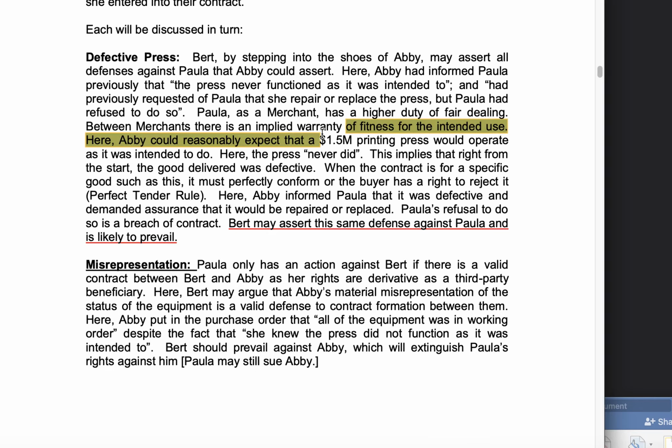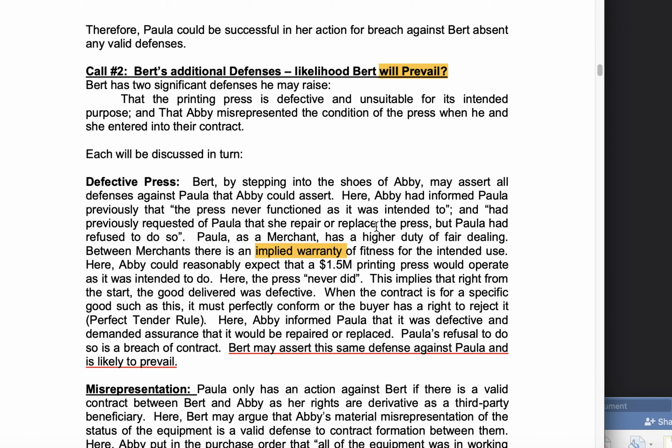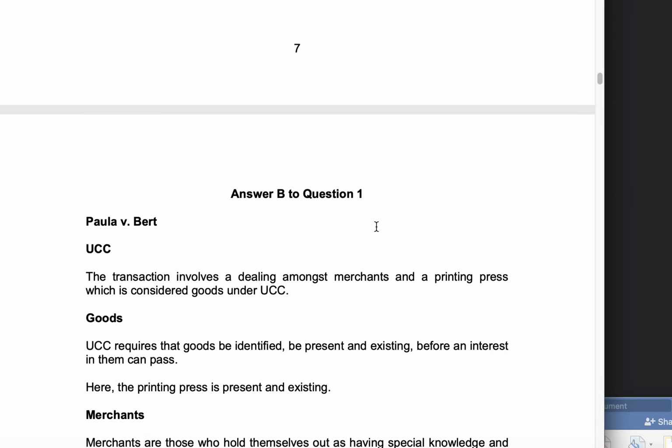This reader is going to have to look and read the actual paragraph. Excuse my French. That's fine if you want to do that, but I'm telling you, an exam grader might be trying to get through them and might not want to read through it and might miss that you put implied warranty in there. I don't know, I have no idea.